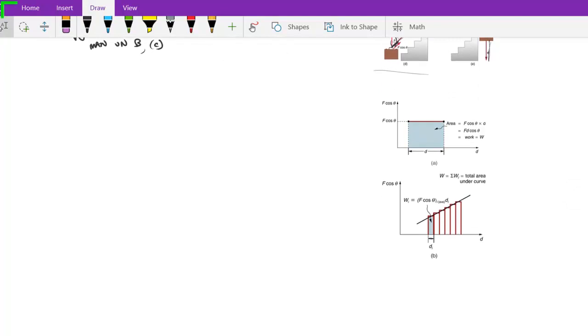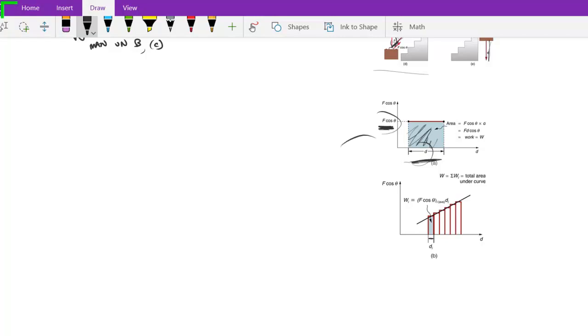Another way we can look at this, if we were to plot the parallel component of the force, so F cosine theta, where theta is the angle between the force and the displacement, on our vertical axis and we plot our displacement on the horizontal axis, then the area of this, F cosine theta times d, would be the work done.